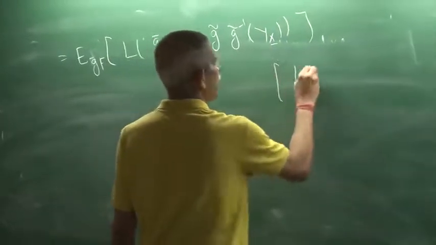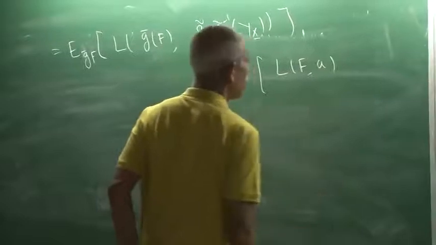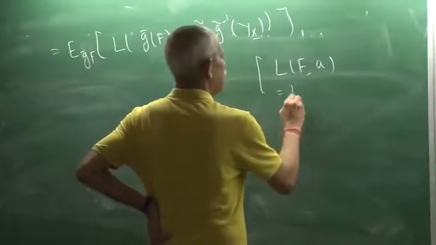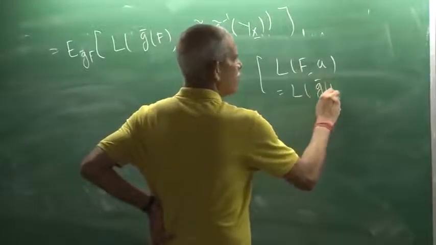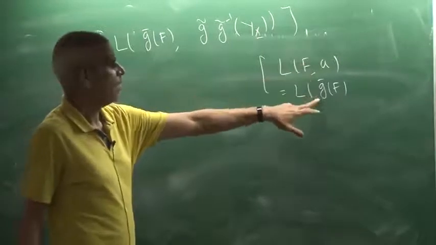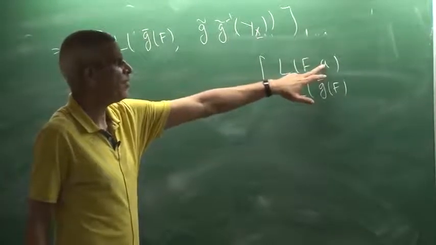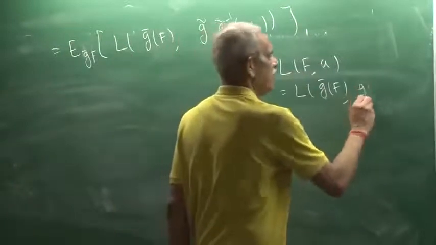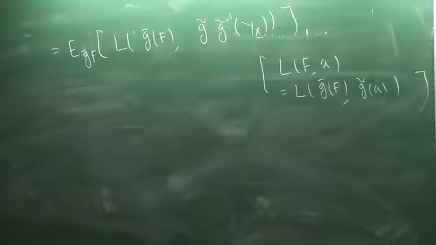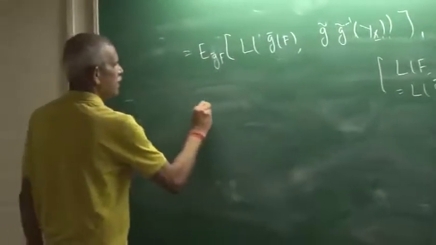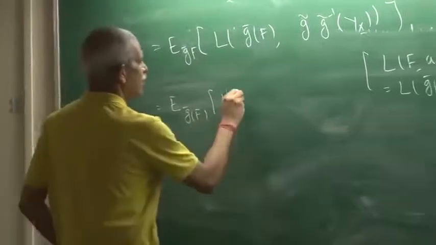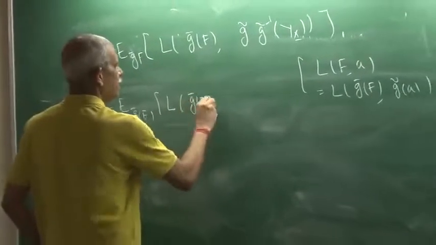Why? Because the decision problem is invariant, so your loss is invariant, so that means L f of a is same as loss. In the second problem you are estimating g bar f, and the action corresponding to a is nothing but g tilde a. This is what happens, because loss is invariant. So this is same as E of g bar of f, L of g bar of f and yx.